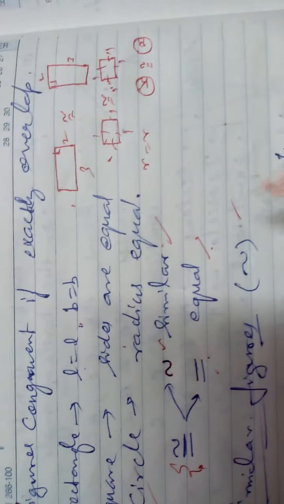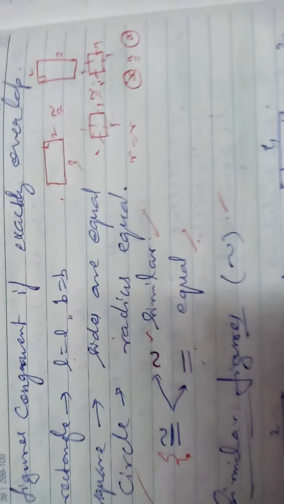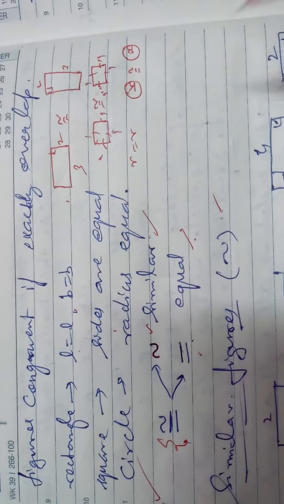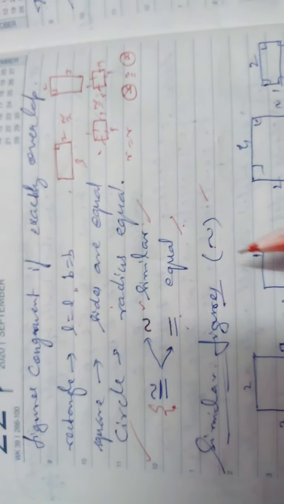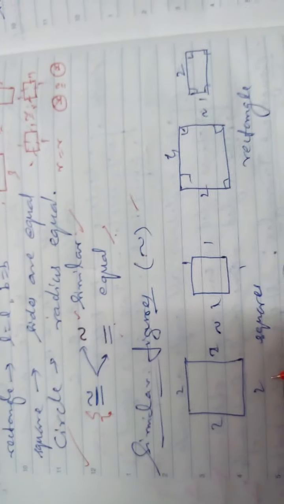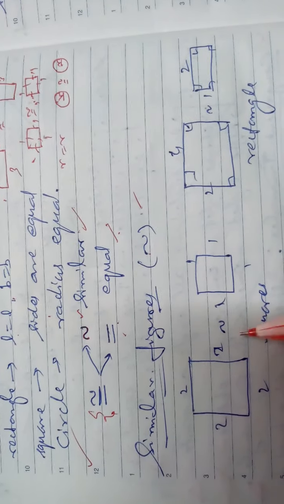But what are similar figures? Similar figures are figures whose shape is the same, but size is not necessarily the same. Two squares are similar even if their sides are not equal.